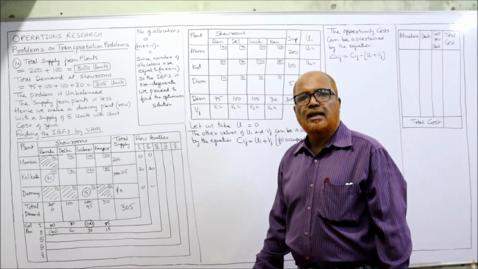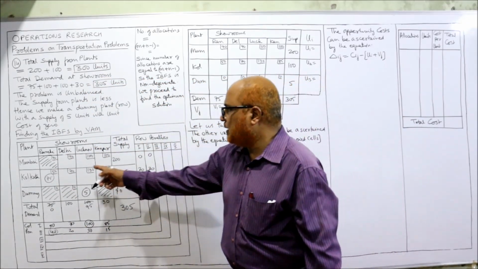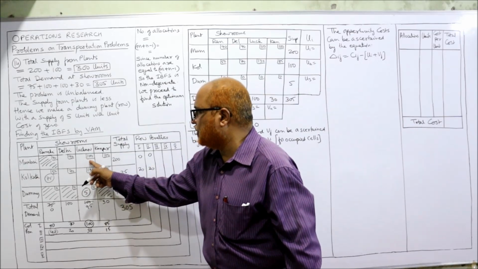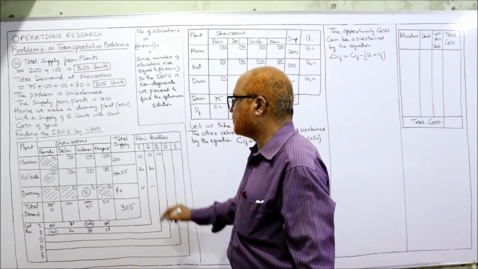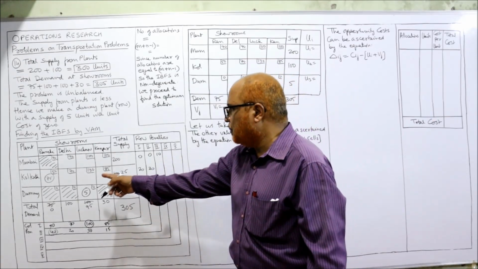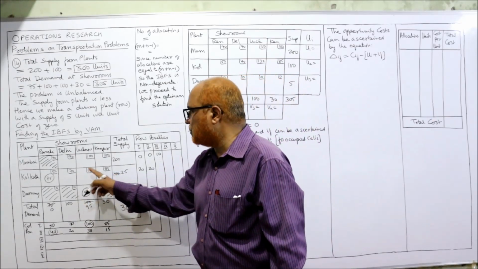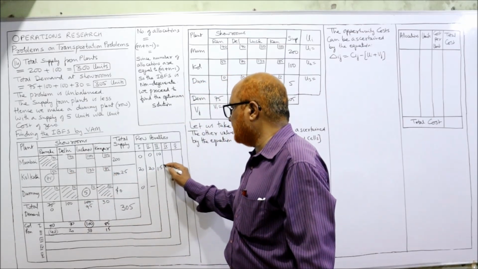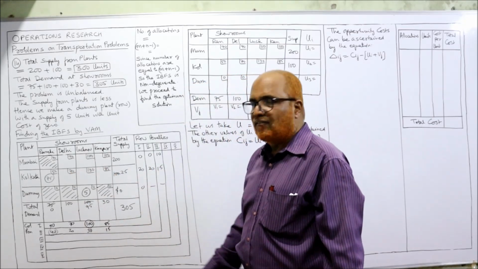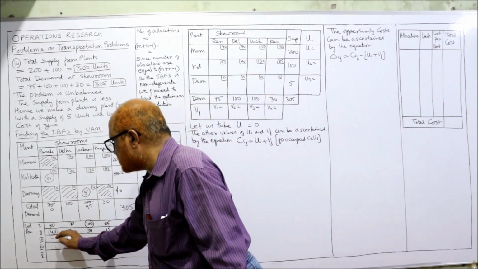Now the next penalty. The minimum is 90. Next minimum is 100. So 100 minus 90 is 10. Right? Next row minimum is 70. Next minimum is 85. So 85 minus 70, 15. This is exhausted. First column is exhausted.